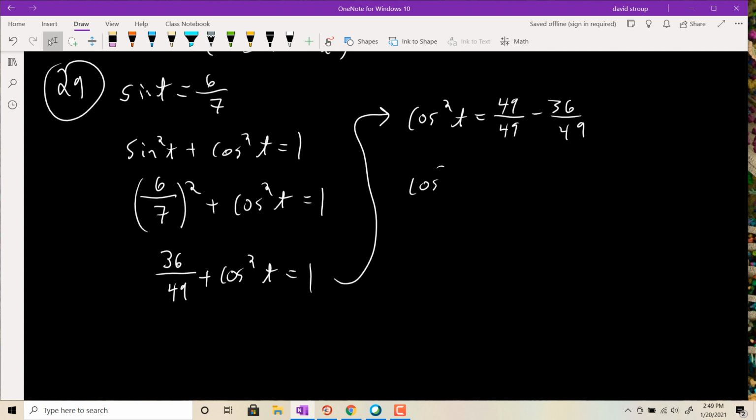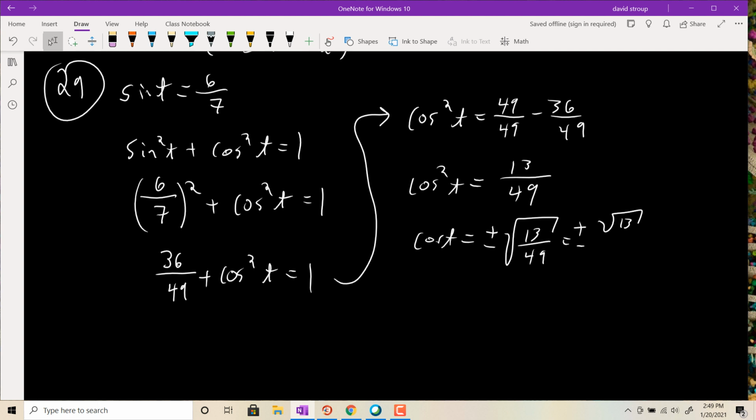And so cosine squared t is going to be 13 over 49. Then take the square root on both sides and get cosine t is plus or minus the square root of 13 over 49, which is the same as plus or minus square root 13 all over square root of 49. The square root of 49 is just 7.